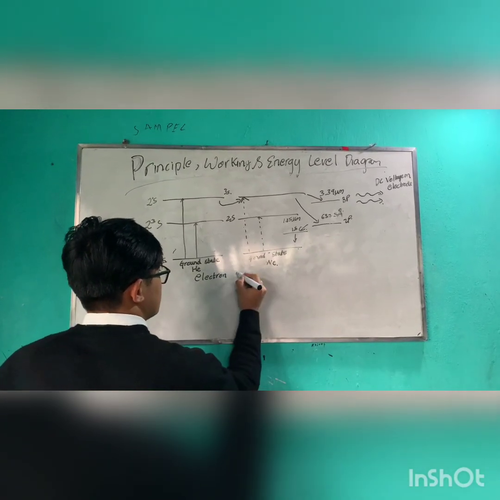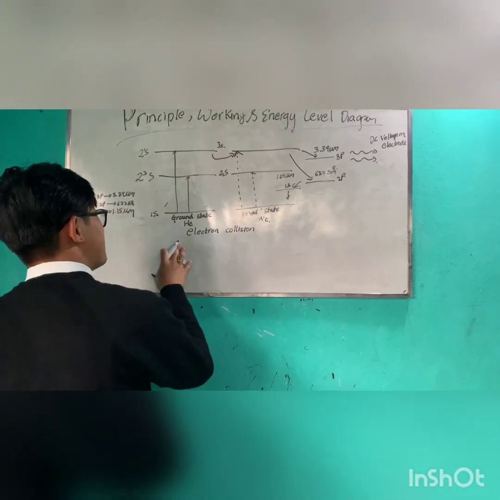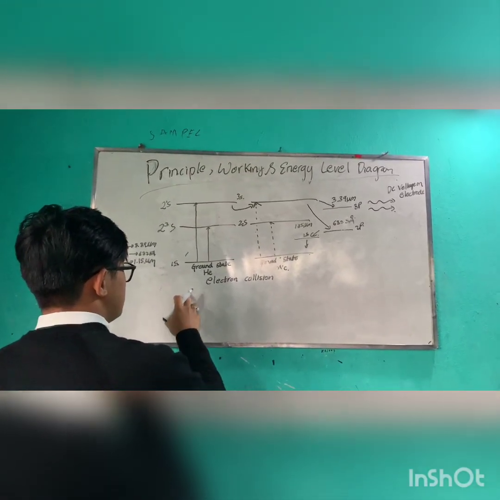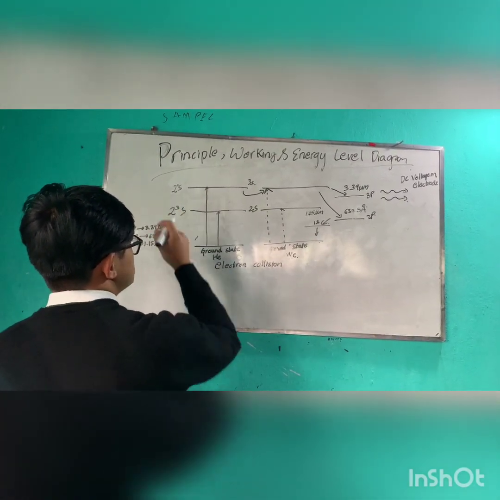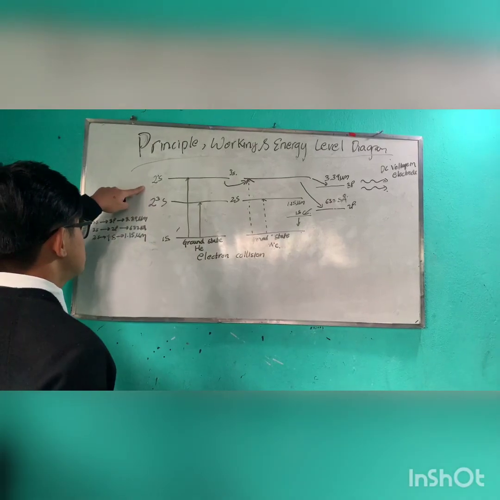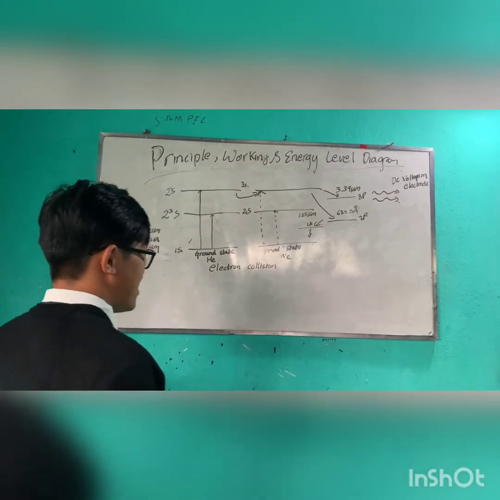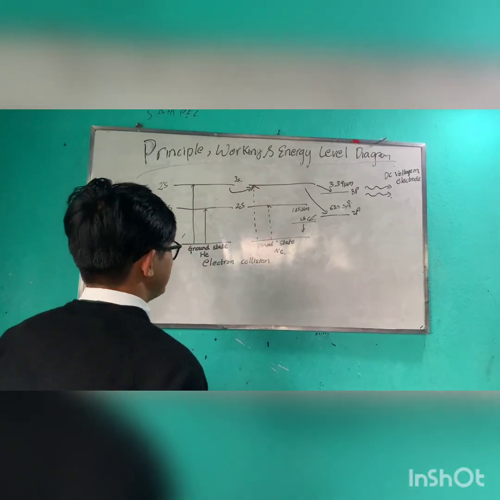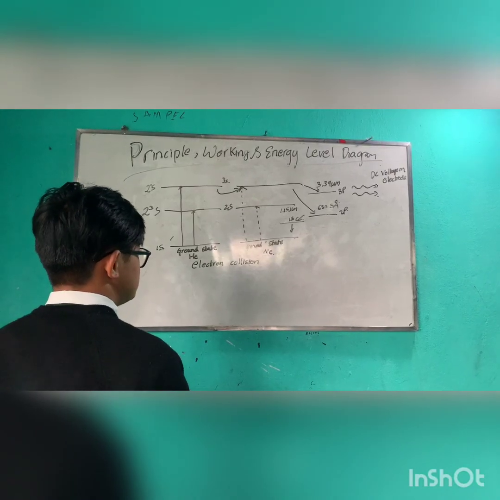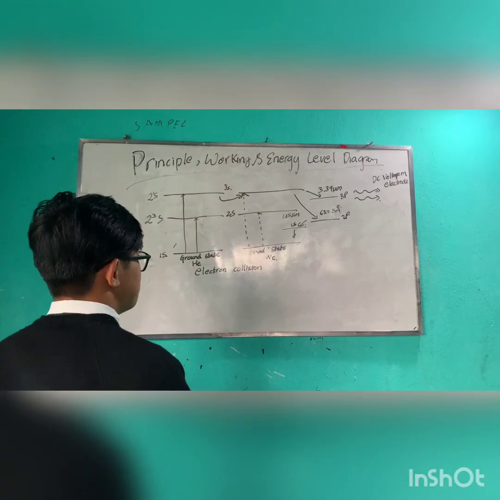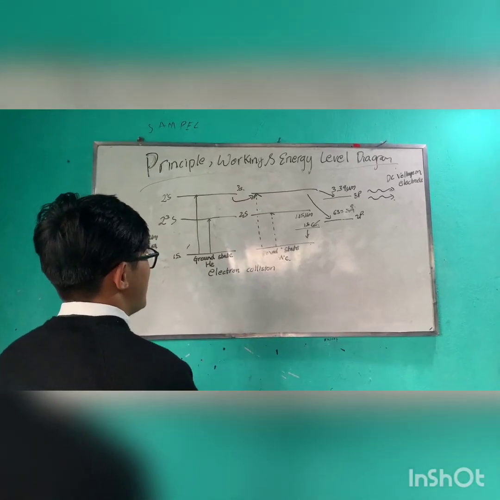The helium atom goes from its ground state to an excited state, which is 2^1S or 2^3S. The first atom to get excited is the helium atom, and once it gets excited, it transfers the energy.